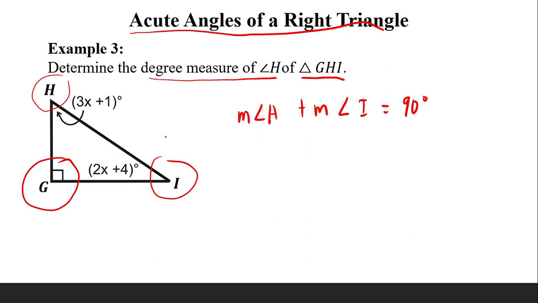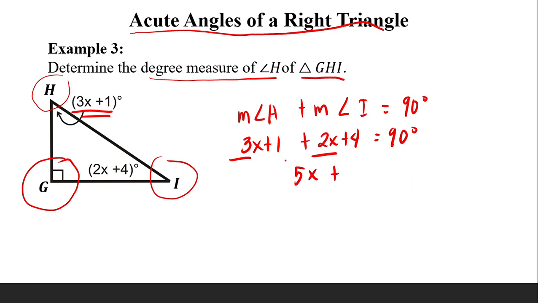Measure of angle H is 3x plus 1, plus measure of angle I, which is 2x plus 4, is equal to 90 degrees. So 3x plus 2x is 5x, plus 1 plus 4 is 5, equal to 90 degrees.